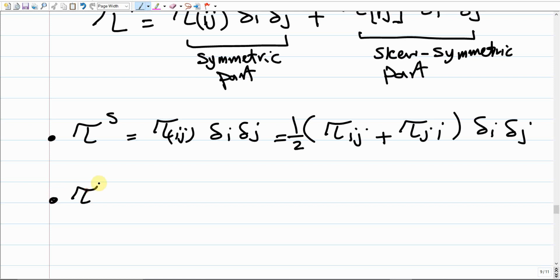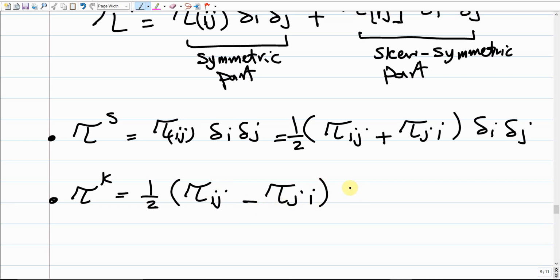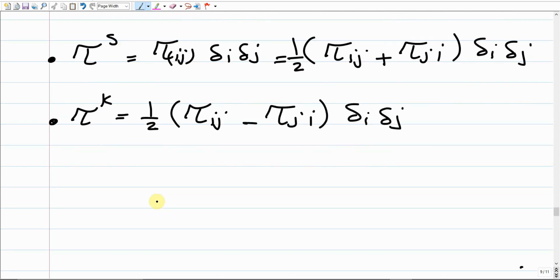But how about the skew-symmetric part? It is simply half the difference, tau ij negative tau ji. You just switch the indices and take a negative, delta i delta j. This gives us the skew-symmetric part of a general tensor.